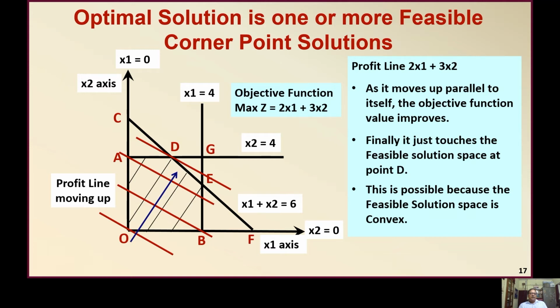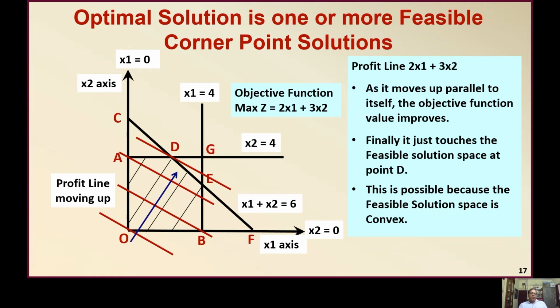Here in this case, it has touched at point D, right? So that is what is written here. As the profit line moves up parallel to itself, the objective function value improves. Finally, it just touches the feasible solution space at point D, and this is possible because the feasible solution space is convex.